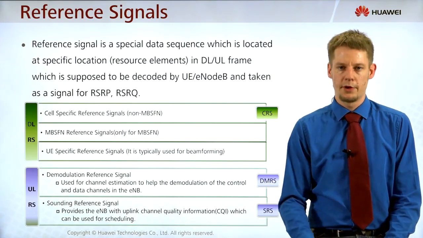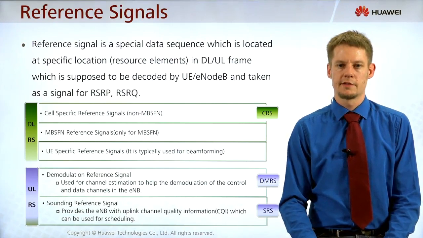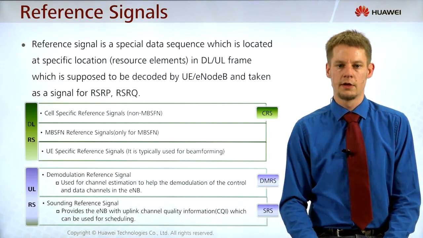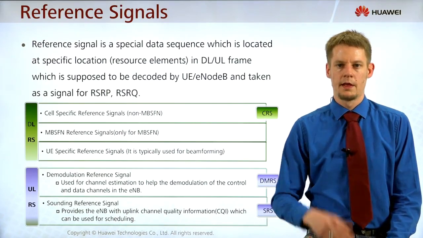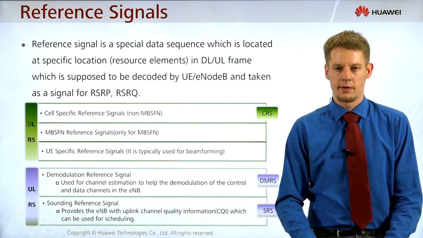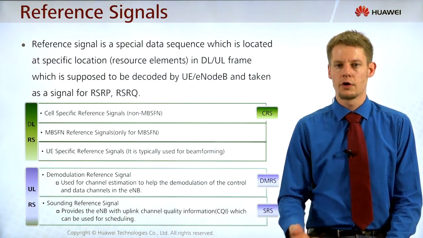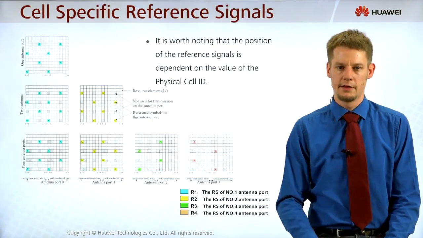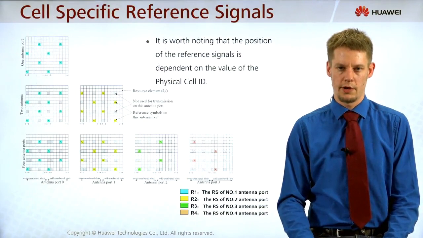There are also uplink reference signals, which means that the UE sends reference signals to the eNodeB for time synchronization, for example. The eNodeB can be made up of 1, 2, or even 4 antennas, because in LTE we have MIMO enabled.